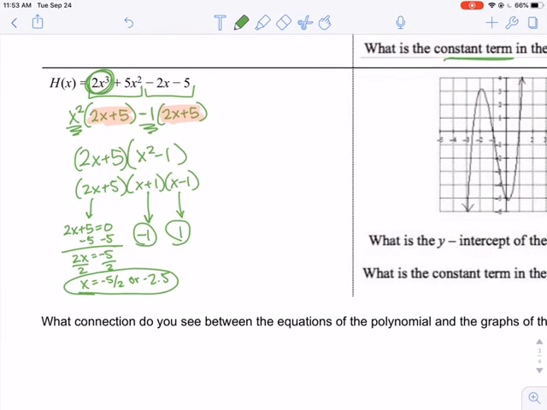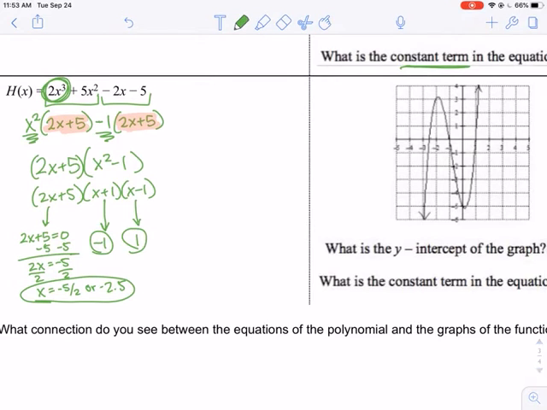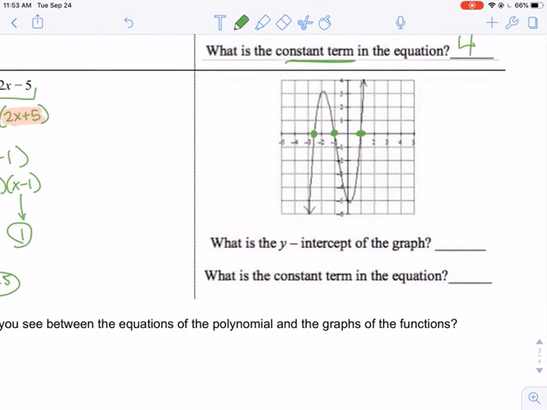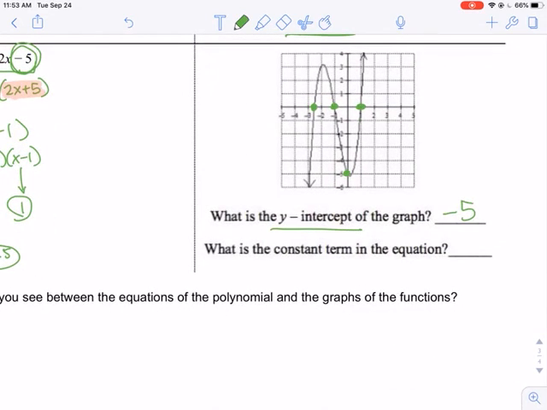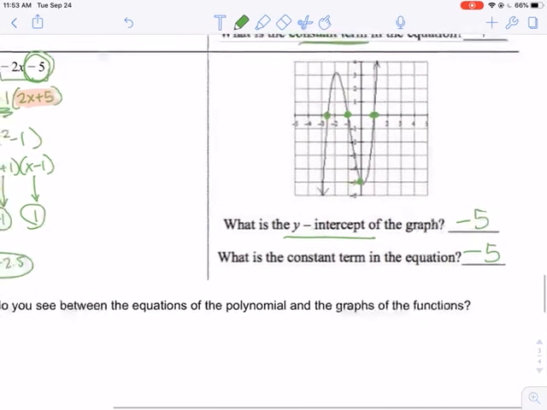So I'm going to look at my graph. I see negative 2.5. Cool, that's a good point right there. I see negative 1, and I see 1. So I see my solutions. And then it's asking what's the y-intercept of the graph. The y-intercept is negative 5. And I look at the constant term, and I see negative 5 is my constant term.